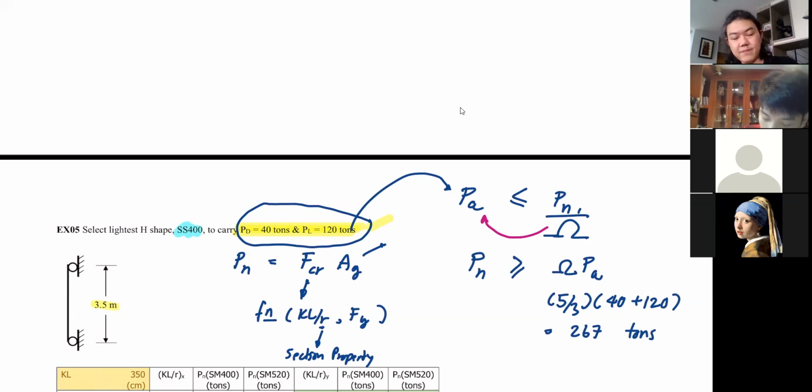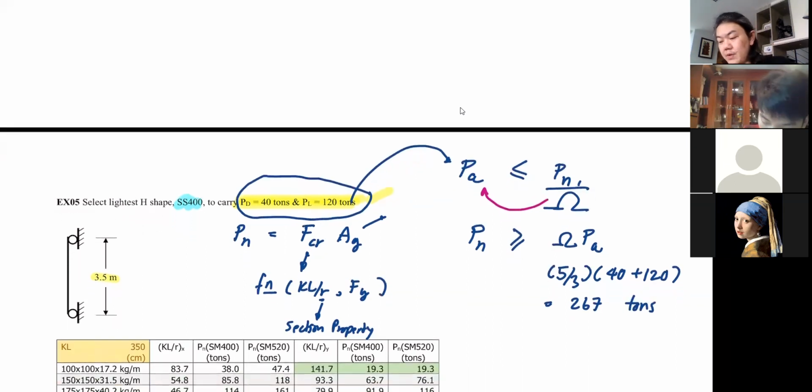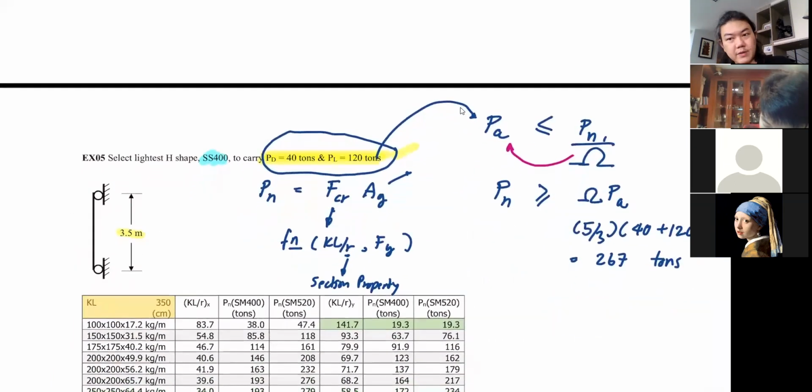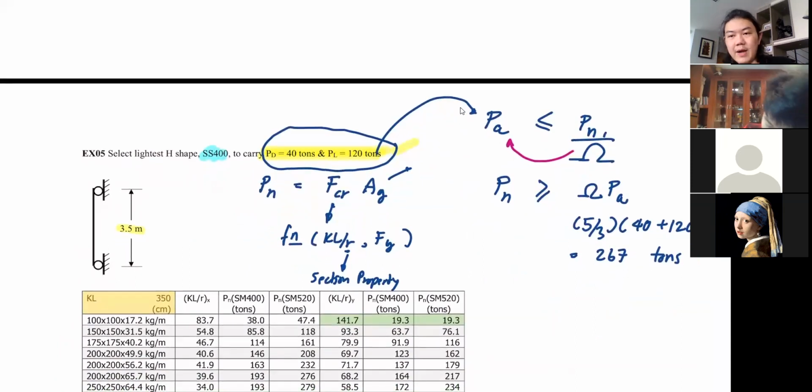All right. So now if you look at my table, you see that I have a lot of tables. So you should pick the one with the right unbraced length. Now, another information that we have here is that we know that our member is 3.5 meters long and it doesn't have any bracing.